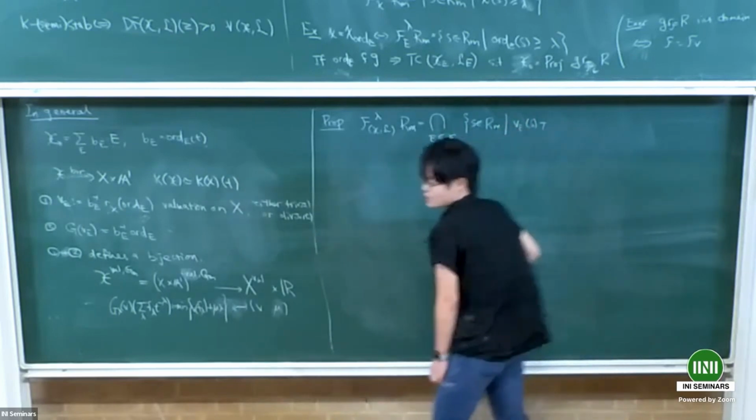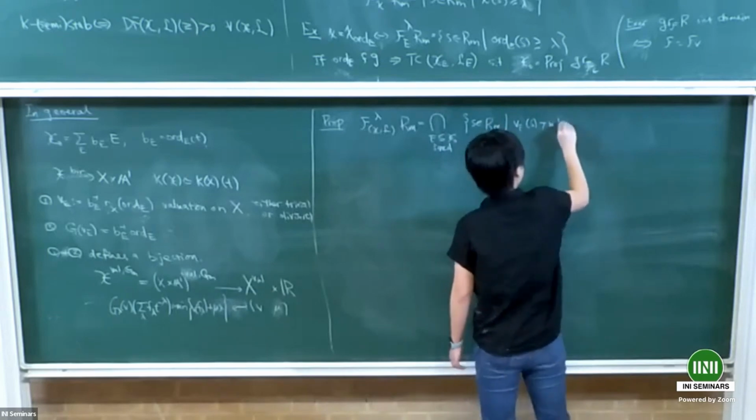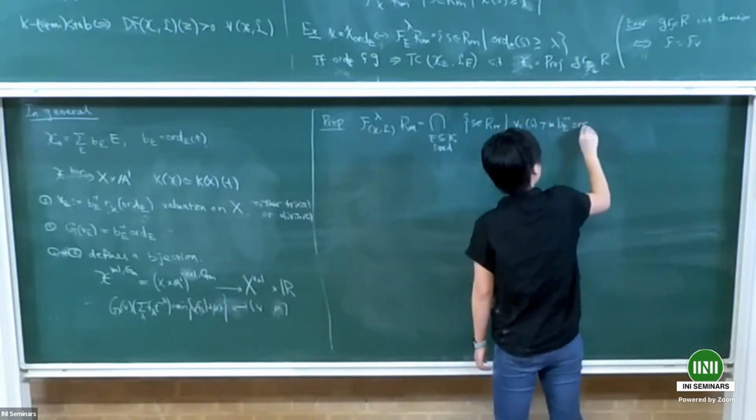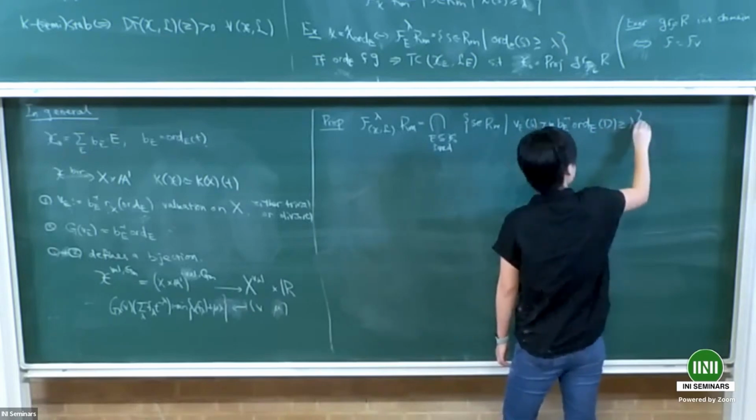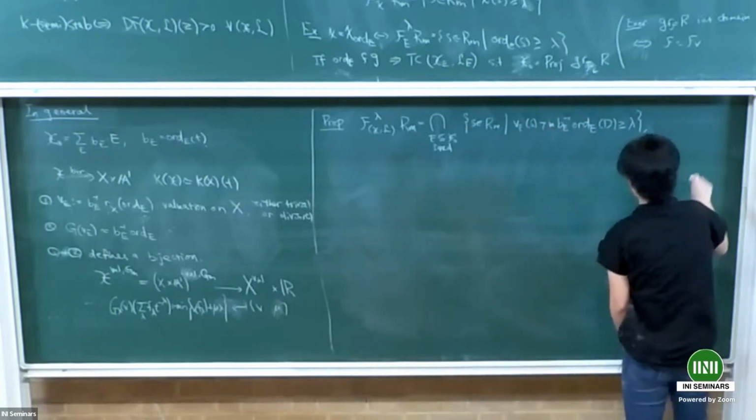I think the constant is, yeah, greater than lambda, where this D is the following.